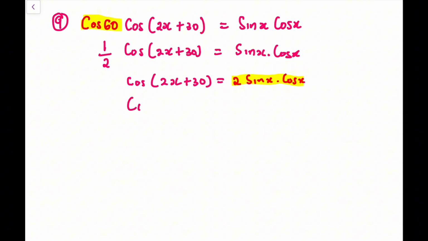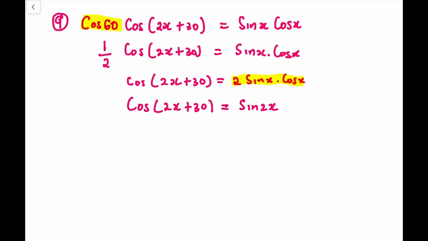So we have cos 2x plus 30 is equal to, and then we take it back. So this is sine double angle, sine 2x. And then we can see that we have cos and sine.